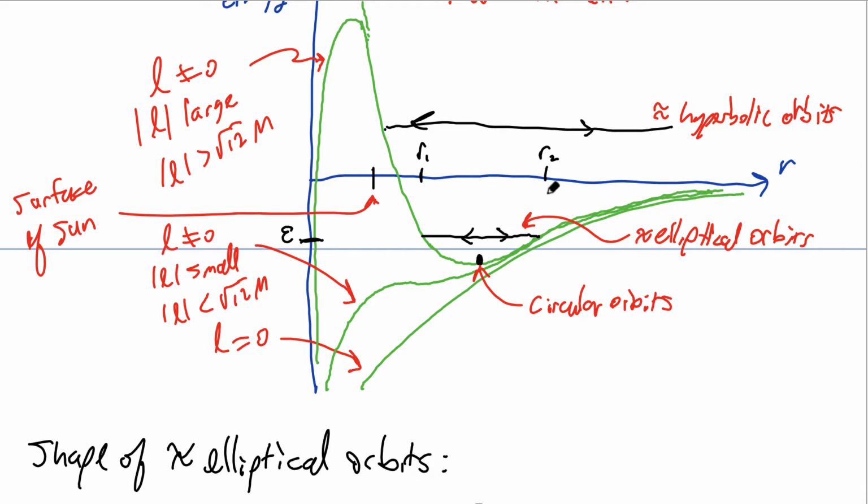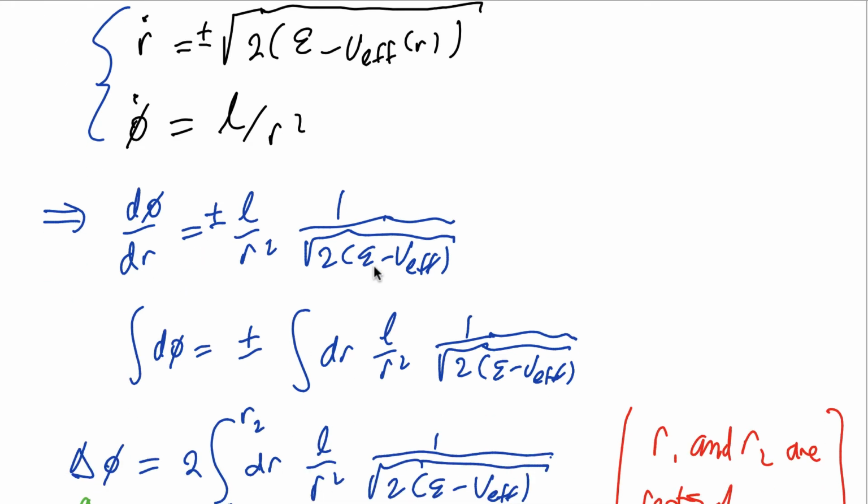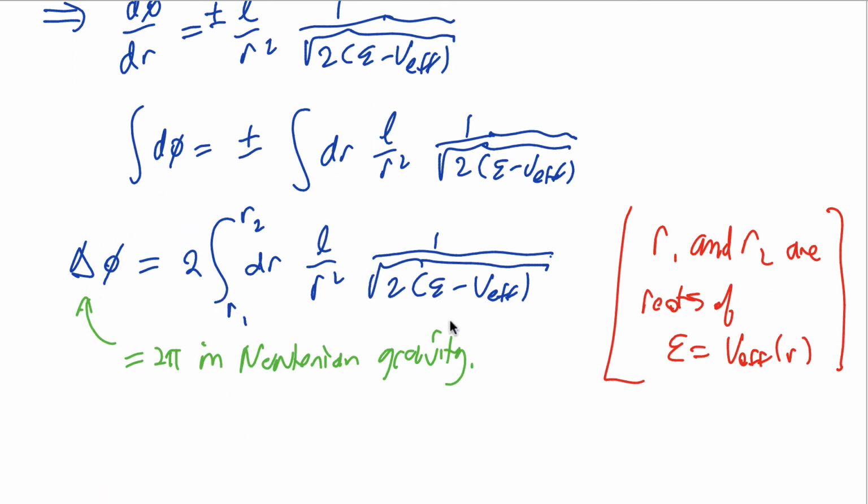Okay, so here is R2, here's R1, but notice we actually have 3 roots. There's another root right here where V effective is equal to E, and we can call that root R0. Now, of course, this root is inside the surface of the Sun, but from a mathematical standpoint, our calculation of the change in angle doesn't really know that. There are 3 roots to E minus V effective that we have to take into account in doing this calculation.